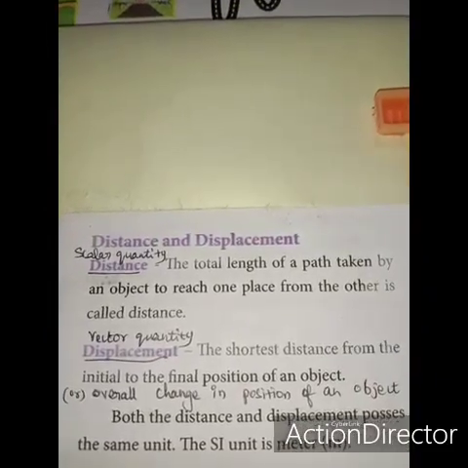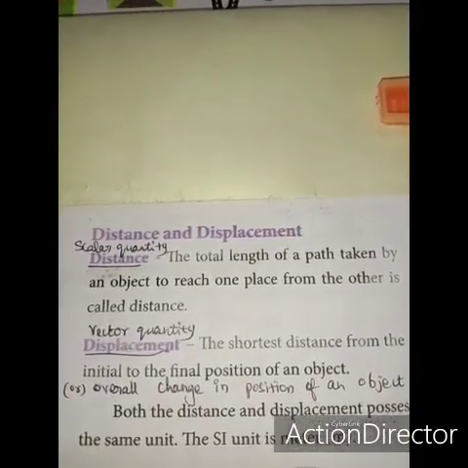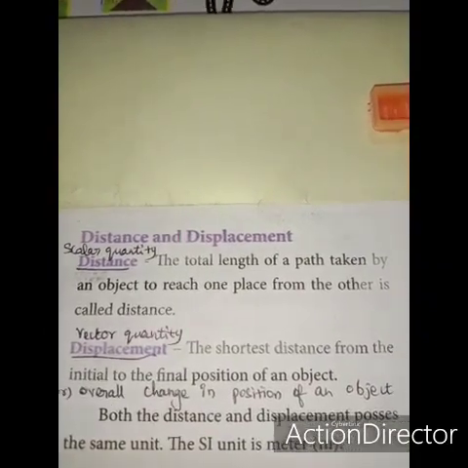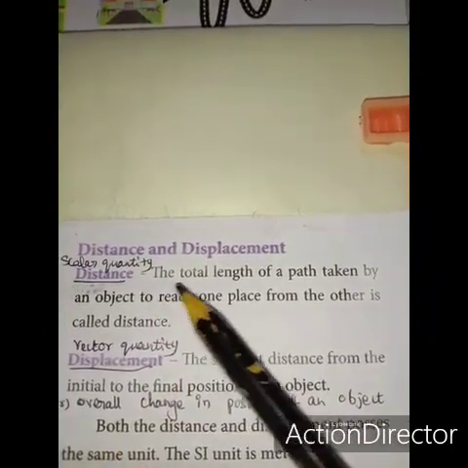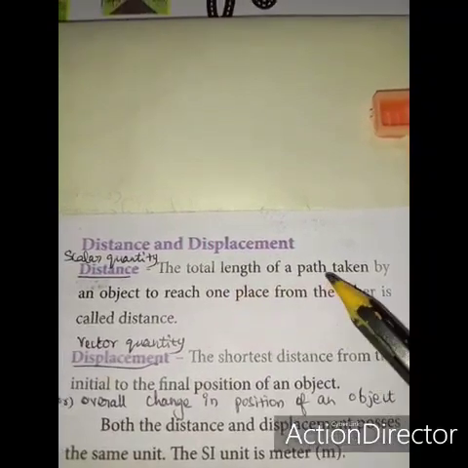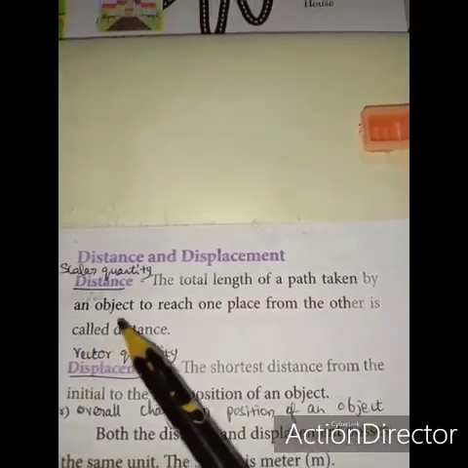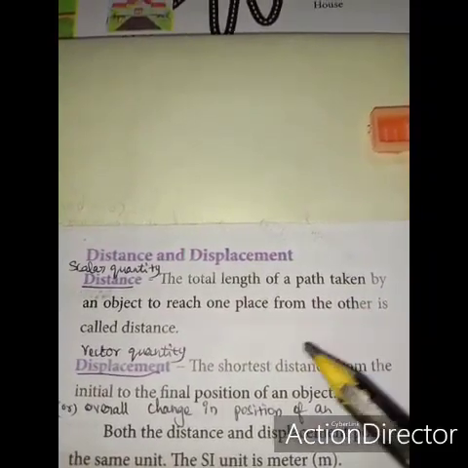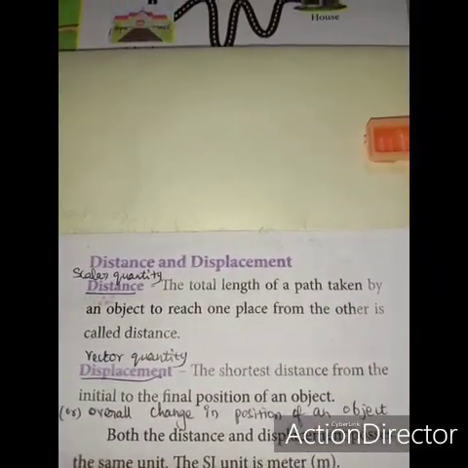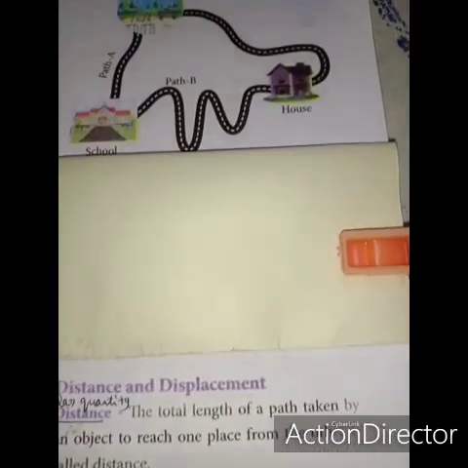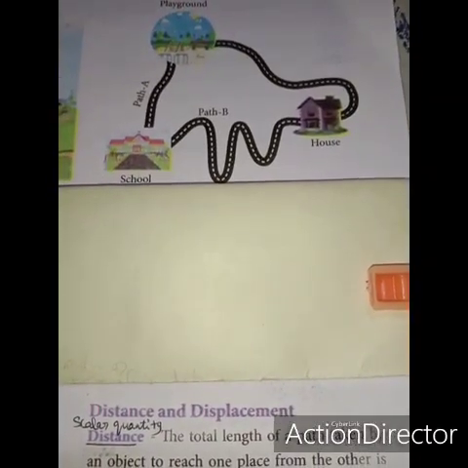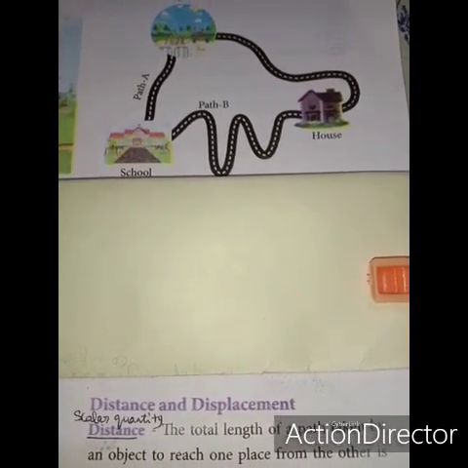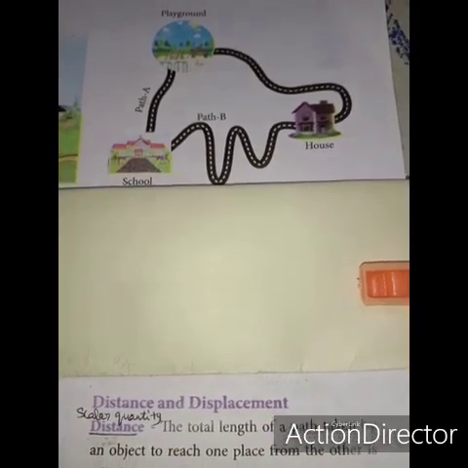Students, let us learn definitions of distance and displacement. Distance is defined as the total length of a path taken by an object to reach one place from the other.